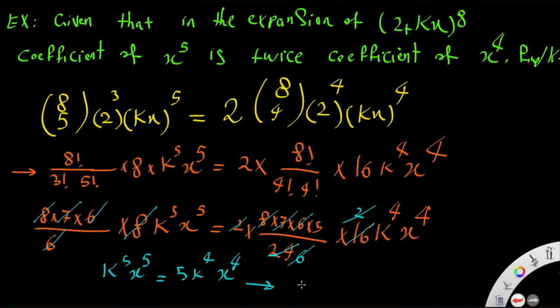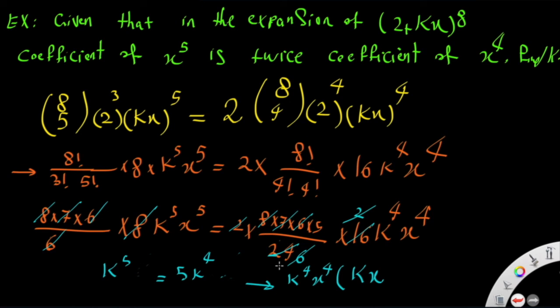Now I transfer whatever I have to the other side, and k to the power of 4 will be a common factor, x to the power of 4 will also be a common factor. It will be kx. Actually, it is talking about coefficients, so there is no need to write x to the power of 4 and x to the power of 5, because it's a matter of coefficients.